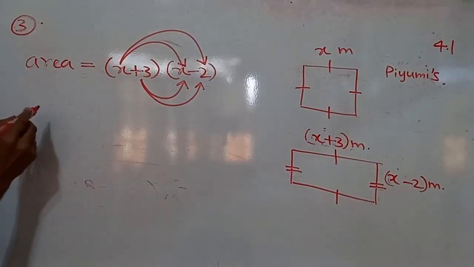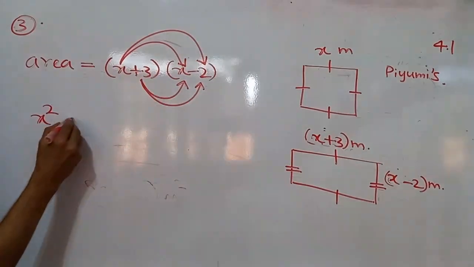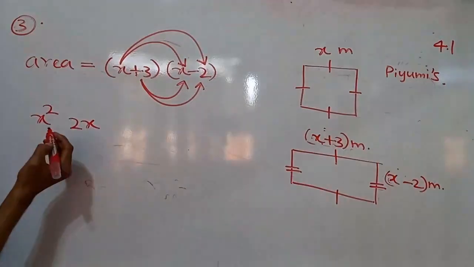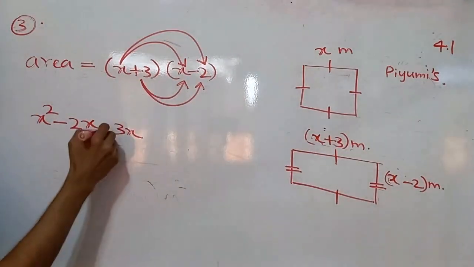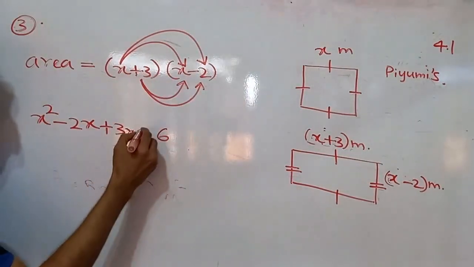Right? So x into x, that is x squared. X into 2, that is 2x. Positive times negative, that is negative. 3 into x, that is 3x. Positive into positive, that is positive. 3 into 2, that is 6. Positive into negative, that is negative.